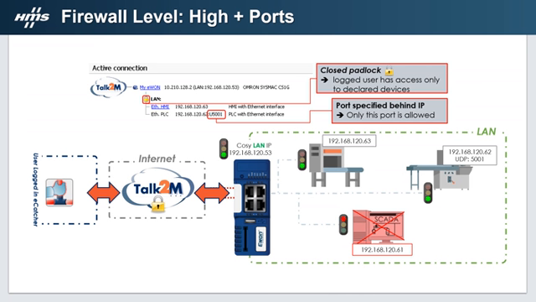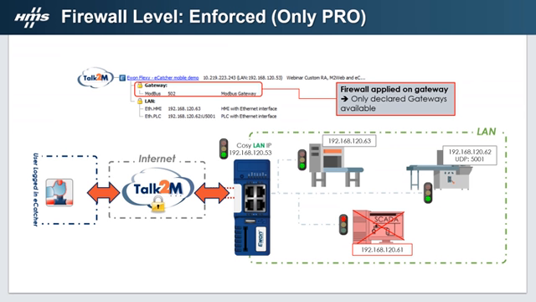The next level of firewall is called enforced, and this is the first level that is not available anymore in the free account. In this enforced firewall level, there is an option to set firewall regarding gateways in the network. Below the connected device, another padlock appeared for gateways.